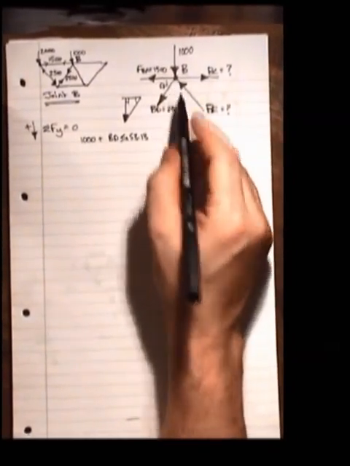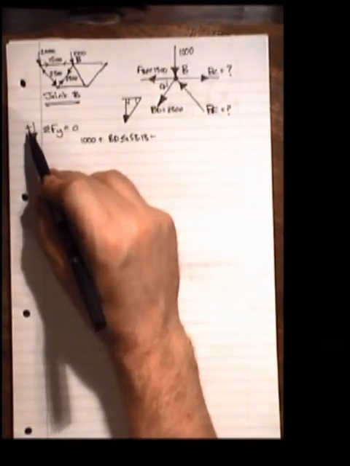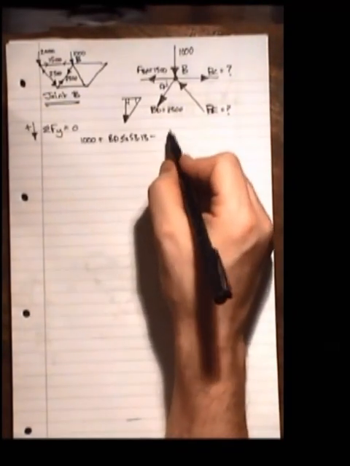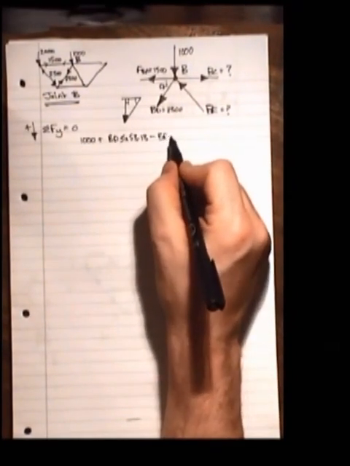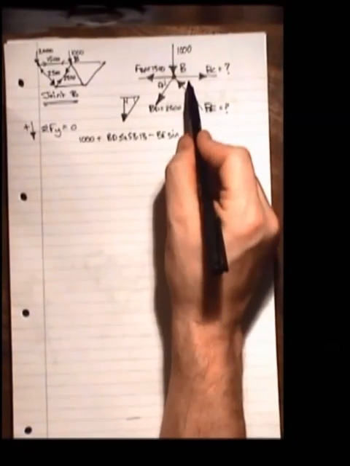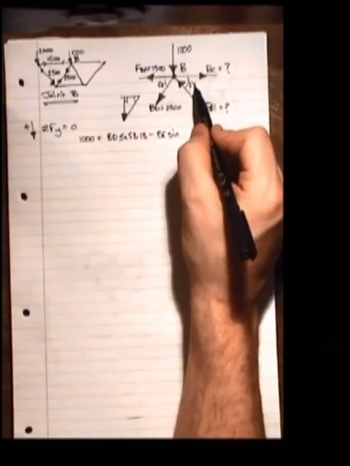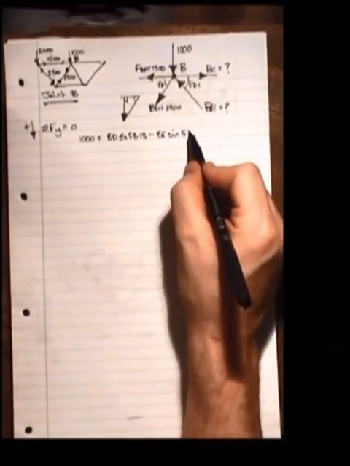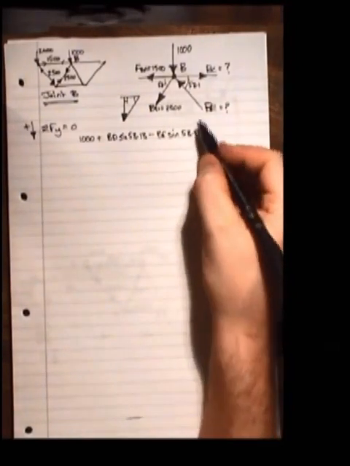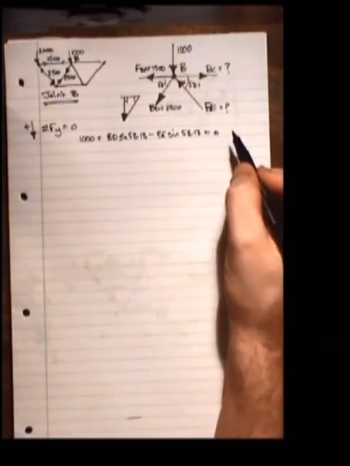We've got our BE going upwards, so it's minus. So BE sine, and this angle here is also 53.13, and all of that will equal 0.